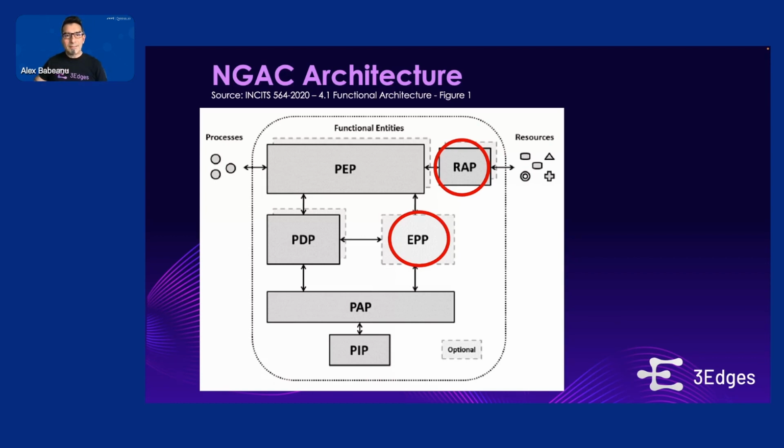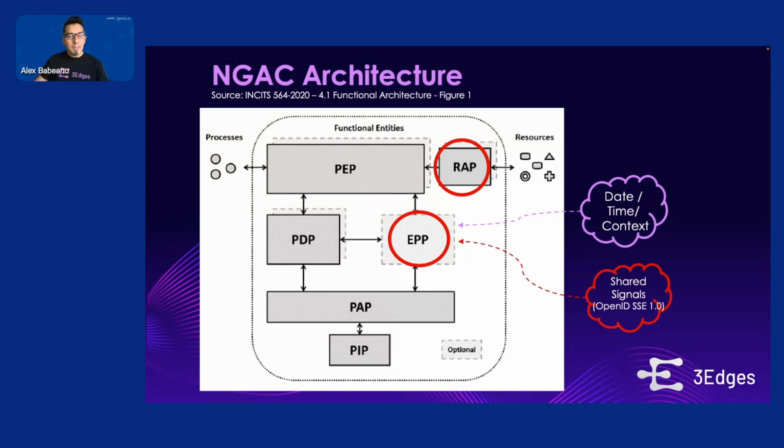Now, in NGAC, the environmental conditions that are date or time-based are expressed as events. So basically, when, say, 4 p.m. happens, this should happen. Or when Sunday happens, this should happen. So any time-based constraints are treated as events. So we use this event processing point to understand those events. But another important aspect here is that, using this EPP, we can now respond to enterprise-wide security events.